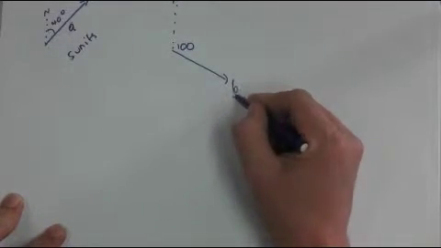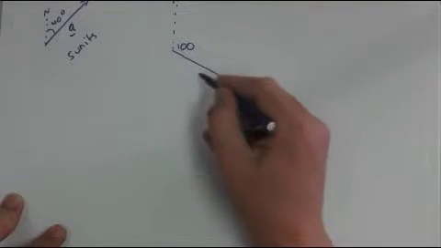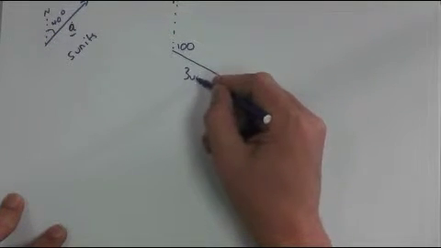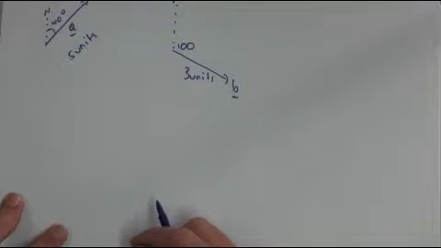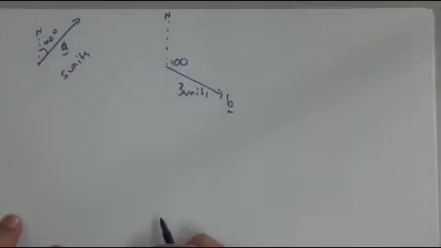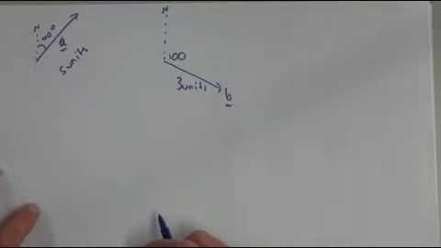I'm going to call this vector B, and it had a magnitude of 3 units. What would be the magnitude of the resultant vector, and in what direction would this resultant vector be heading towards?